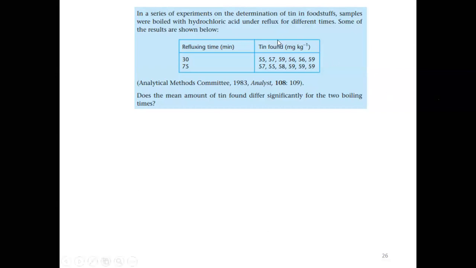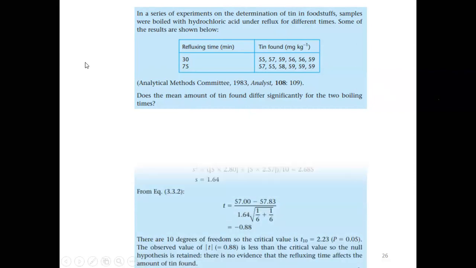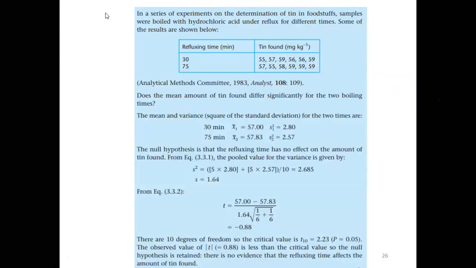And this is the amount of tin found. 1, 2, 3, 6 measurements. So 6 measurements have been done in each case. And the question asks whether the mean amount of tin found differs significantly for the two boiling times. Okay.